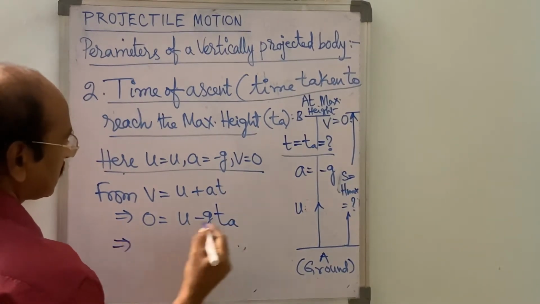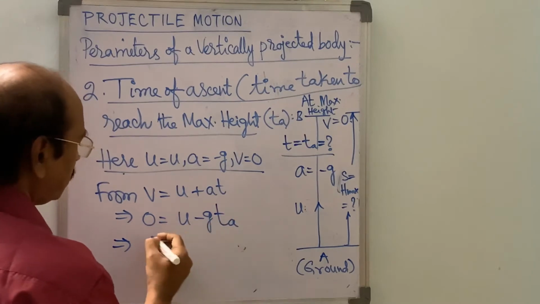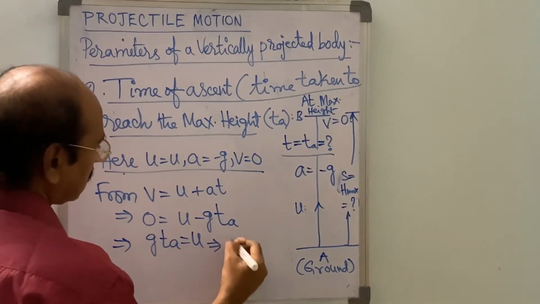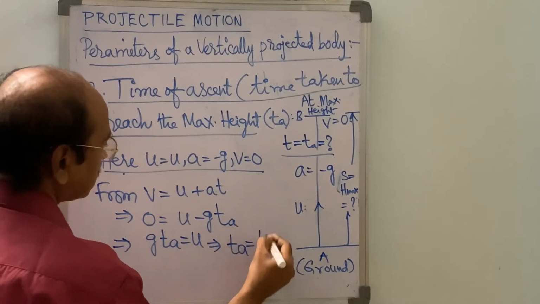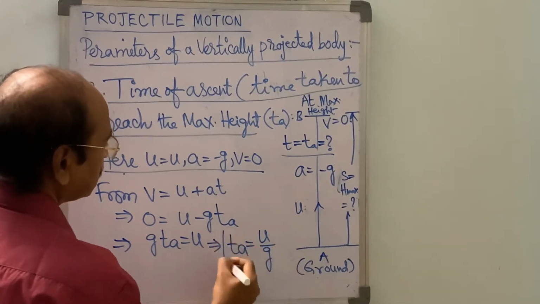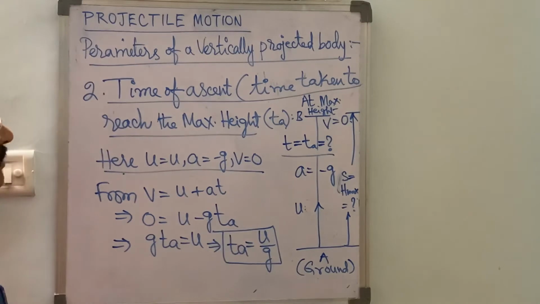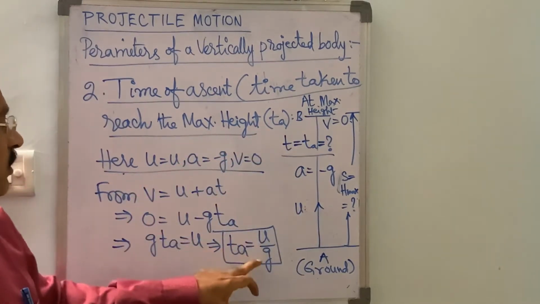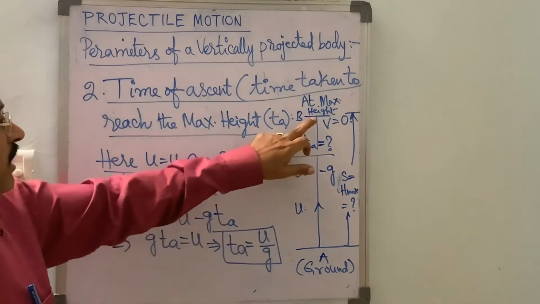Here from this, g ta is equal to u, or time of ascent ta is equal to u by g. So the time taken to reach the maximum height ta is equal to u by g.